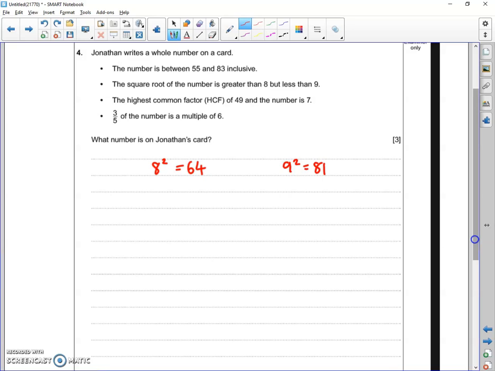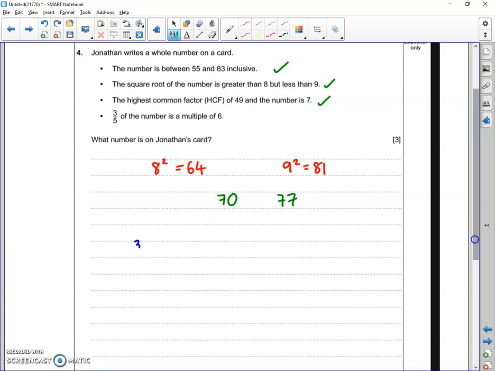So that tells me that the number is in the 7 times table if 7 is a factor of it. So if I look at the numbers between 64 and 81 and just take the ones which are in the 7 times table, it's only 70 and 77. So we've used that clue, we've used that clue, we've used that clue. The last clue to help us pick between these says that 3/5 of the number is a multiple of 6.